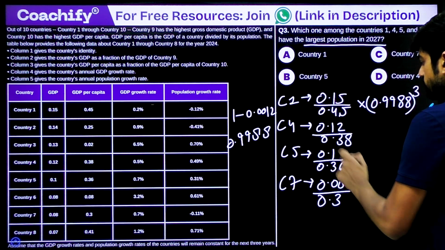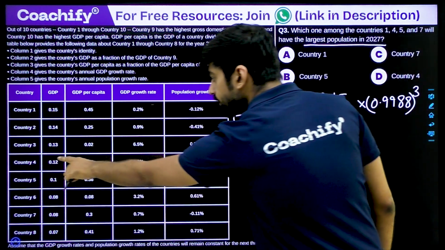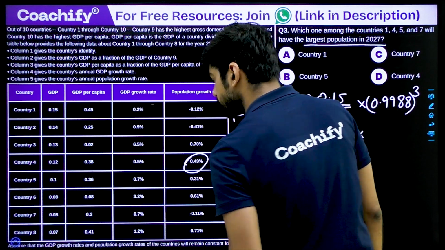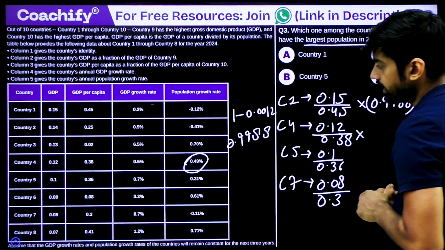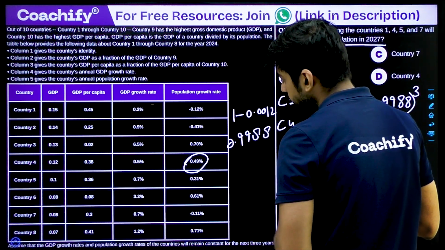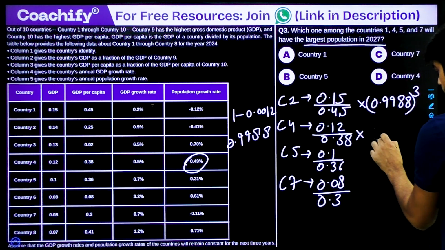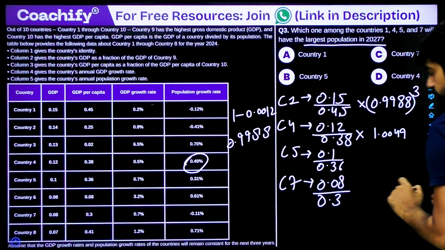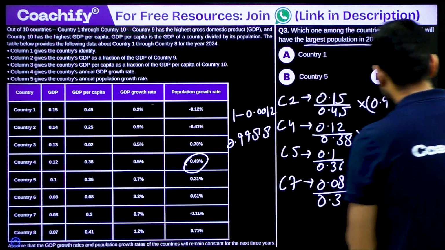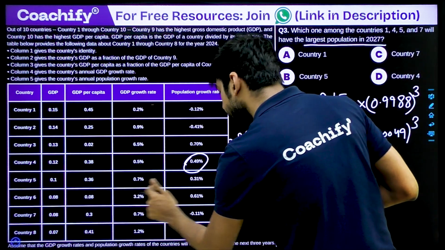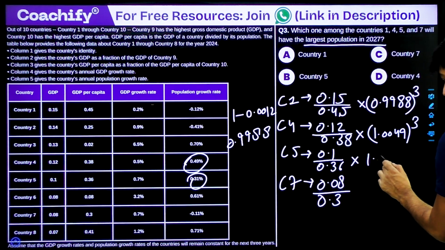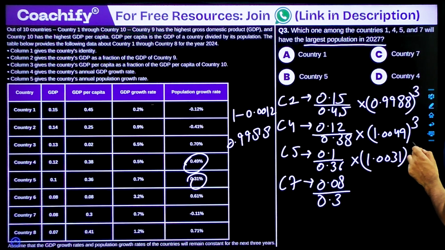Population figures are there. Now similarly for C4, 0.49%. So this is divided by 100 and becomes 1.0049, to the power 3. Similarly for C5, 0.31, so this becomes 1.0031 to the power 3.